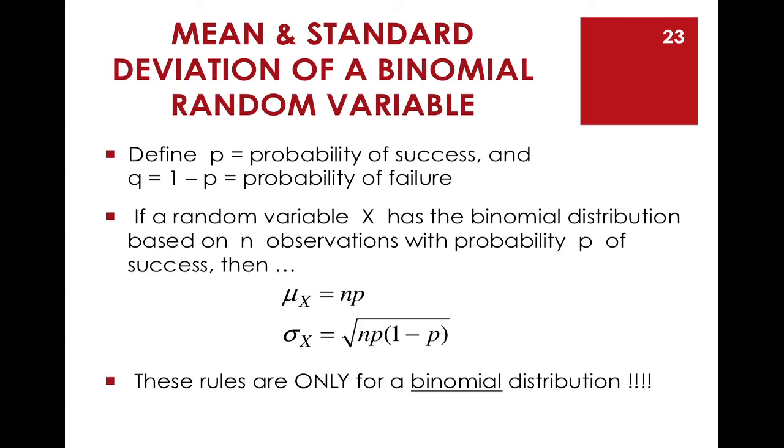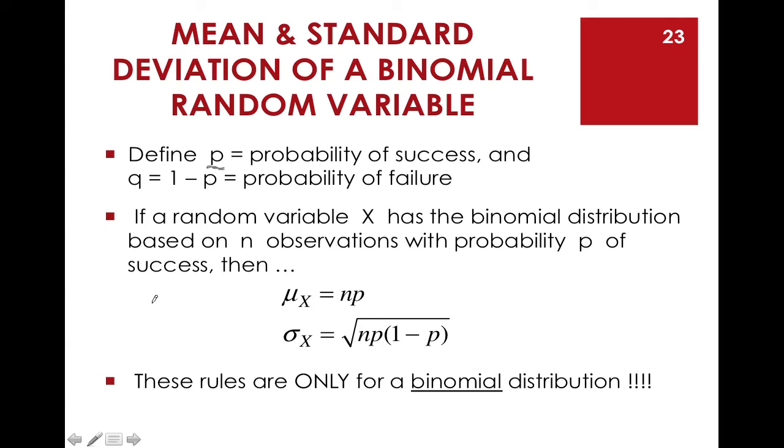We're still, in terms of our variables that we're defining, still defining P as the probability of success. And we do have a probability of failure as well. So if we know we have a random variable that has a binomial distribution, n is still the number of trials, the number of observations.